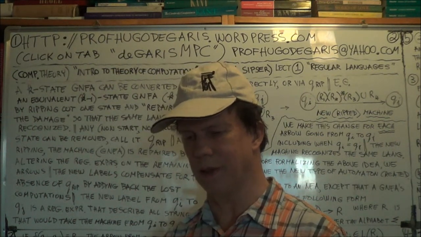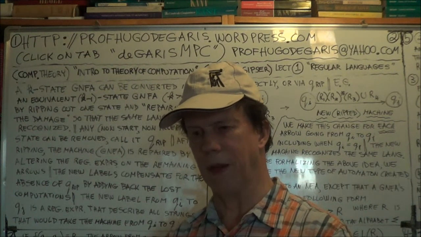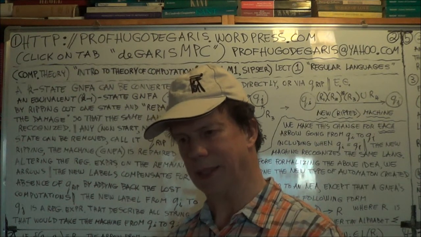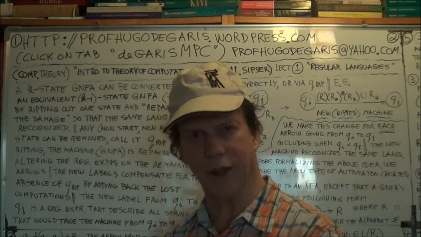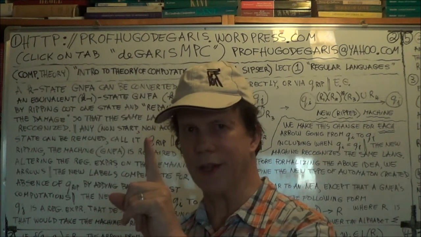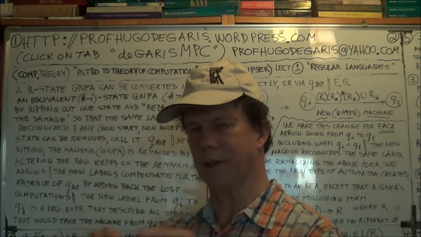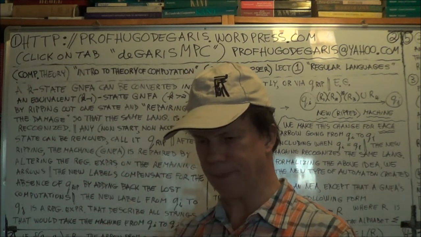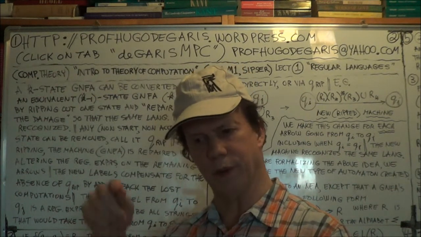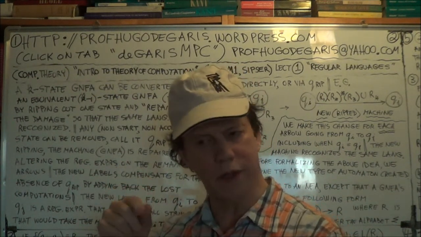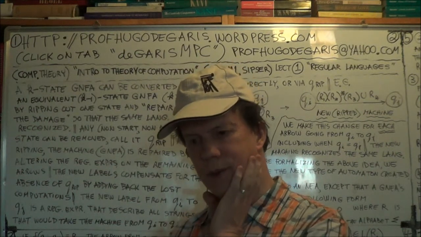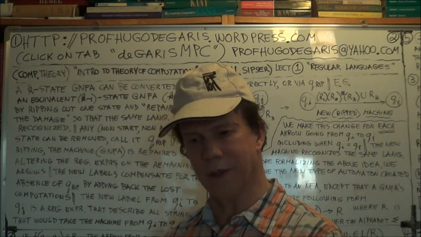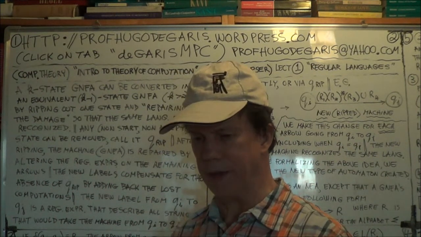You rip out one state and its connections, and then the remaining transition arrows' labels you modify. Remember, in a GNFA the labels on transition arrows are regular expressions.